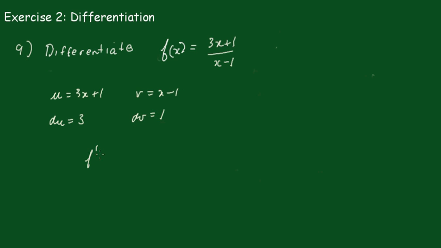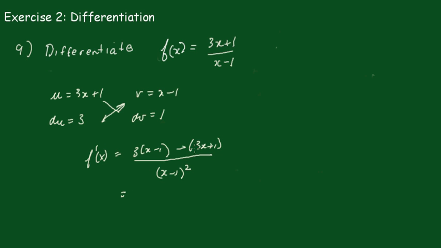Now f dash x is going to be v u dash, this one here. So it'll be 3 outside of x minus 1 minus u v dash. Now put a bracket around that, 3x plus 1, all over x minus 1 all squared.